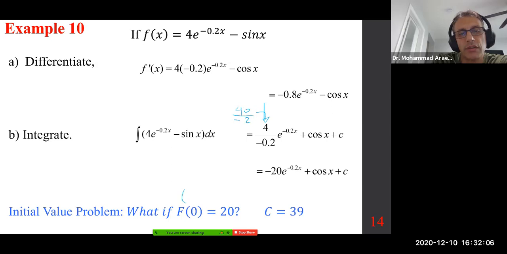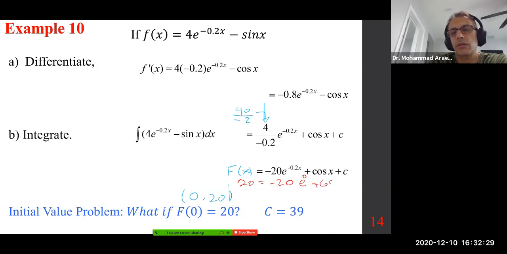I hope you recognize, if this is the case, you have 0 and 20, meaning this is capital F of x. Remember that, class? So if you plug in here, you get minus 20 times e to the power of 0 plus cosine 0 and a constant. e to the power of 0 is 1 and minus 20 plus cosine 0 is 1 and a constant, and then negative 20 and 1 becomes negative 19.